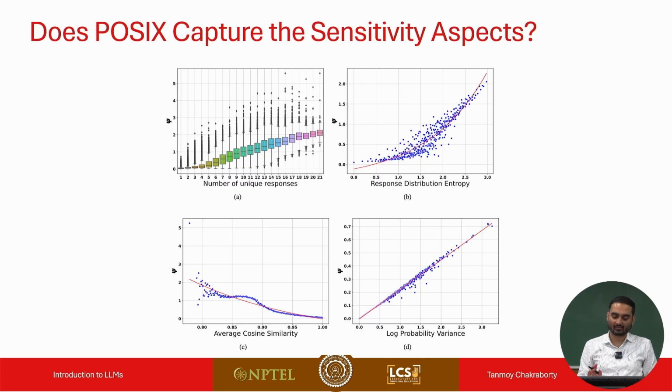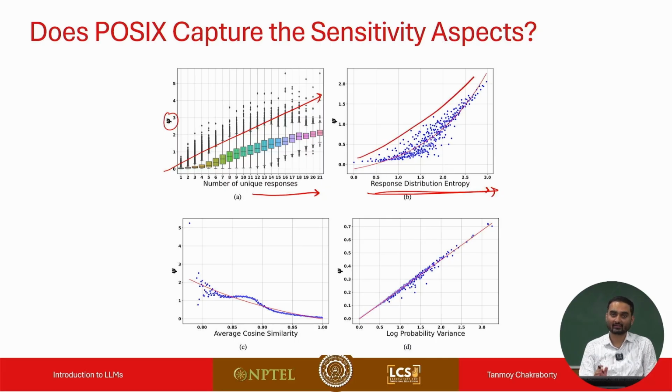The four criteria I mentioned earlier, look at this. Number of unique responses increases, the model is bad, sensitivity should increase. Here, our Posix score is also increasing. The entropy is getting bigger and bigger, the model is getting worse and worse, and sensitivity is also increasing.